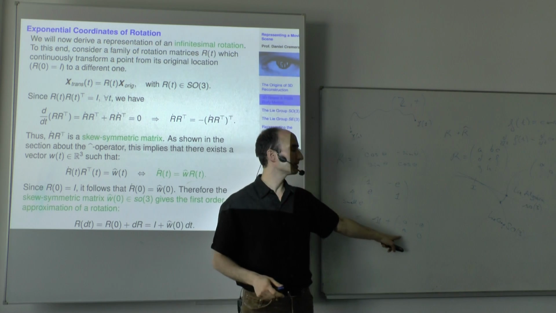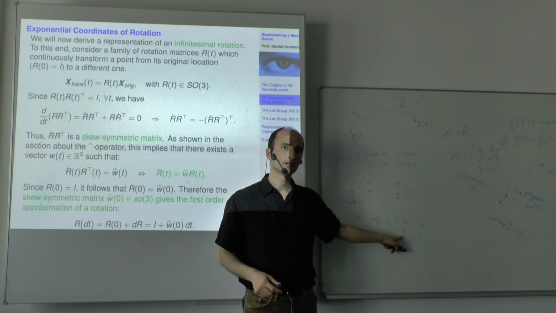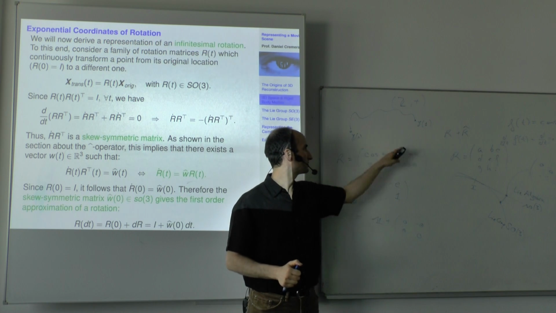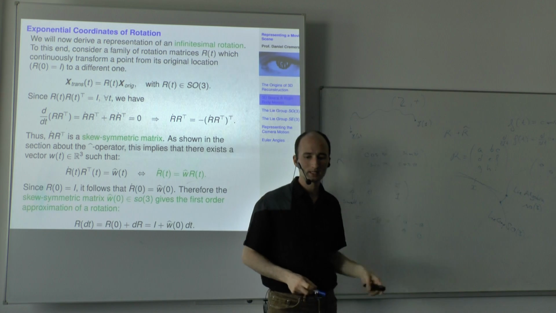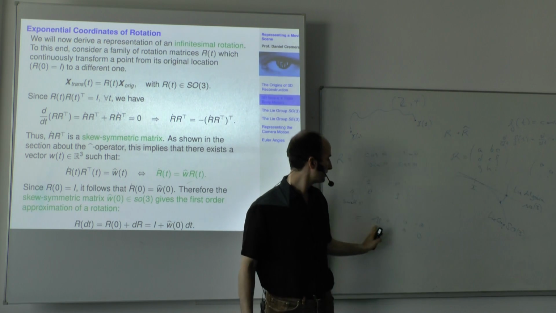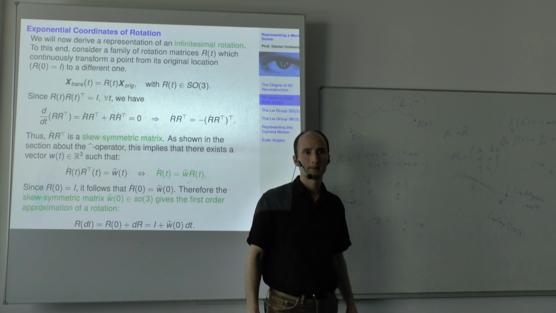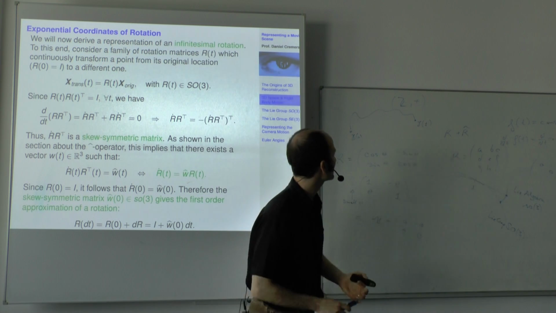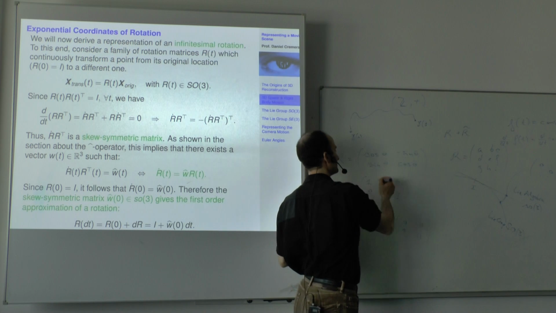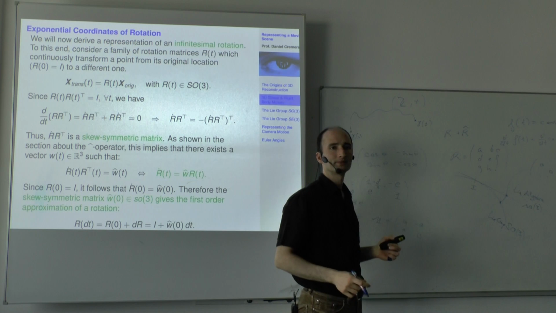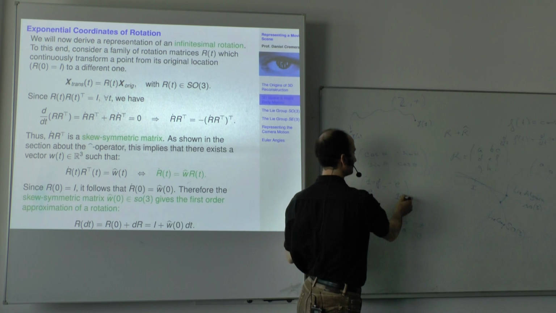And that's a skew-symmetric matrix. So you see that in some sense, the Taylor approximation to these rotation matrices gives you the unit matrix and some skew-symmetric offset. But in practice, of course, once I do higher order expansions, then I get terms of theta squared here, etc. And here as well.